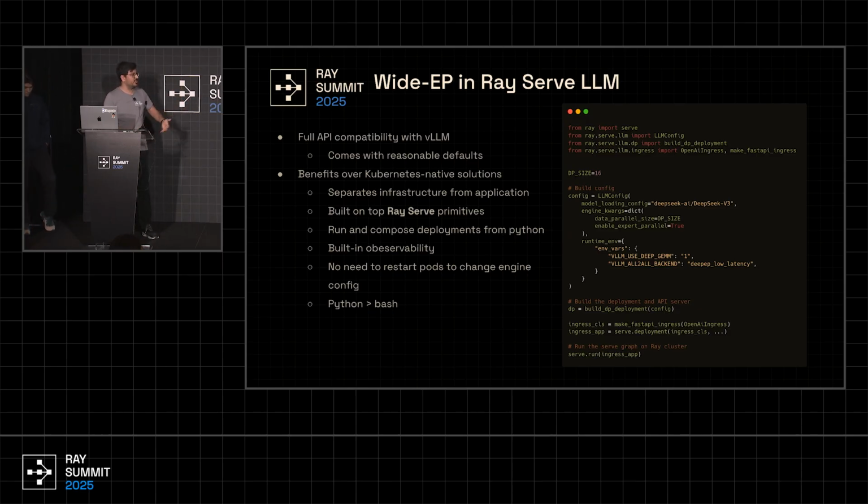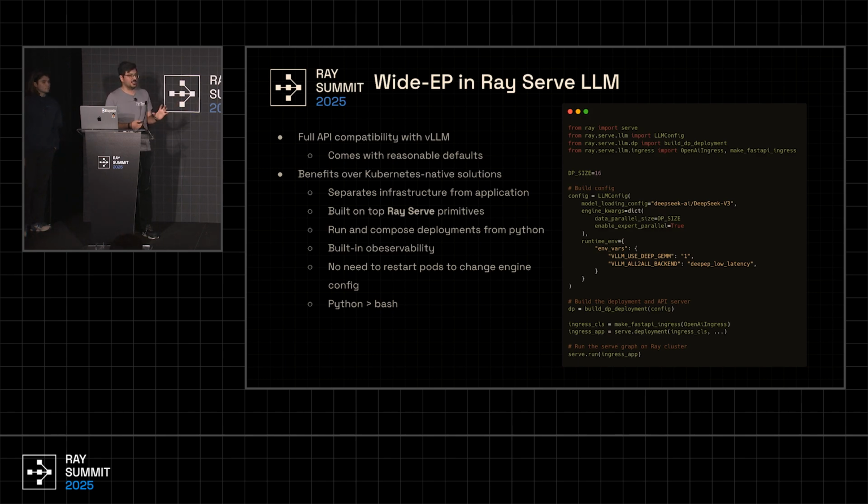We have an LLM config describing the DeepSeek model. I say, OK, there are engine configs, there's data parallelism there, and I describe some environment variables. Then I essentially build a DP deployment, and then I connect ingress to it.